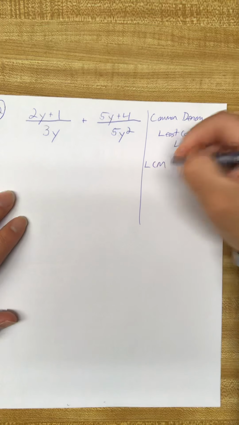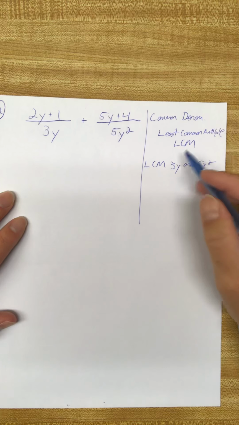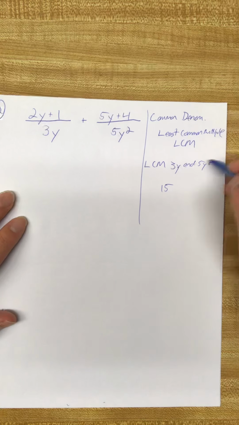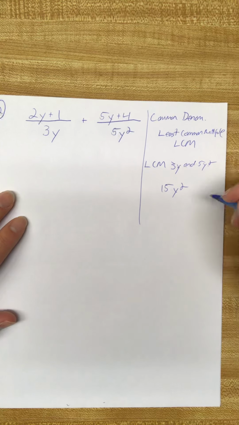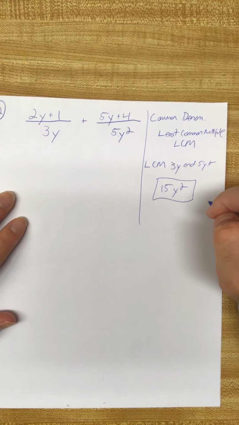So your LCM of 3y and 5y squared, least common multiple of 3 and 5 is 15. Y and y squared, your least common multiple is y squared. So that is my denominator.